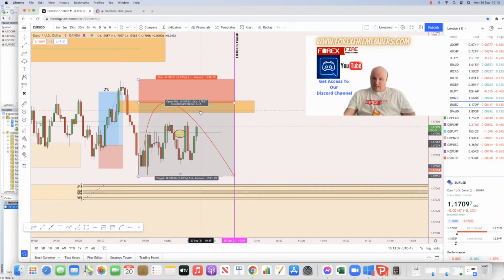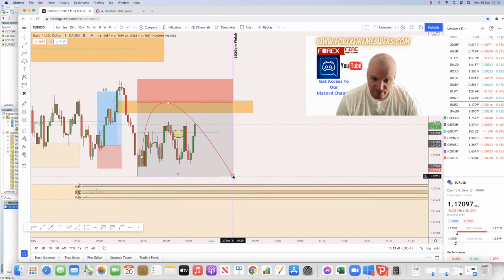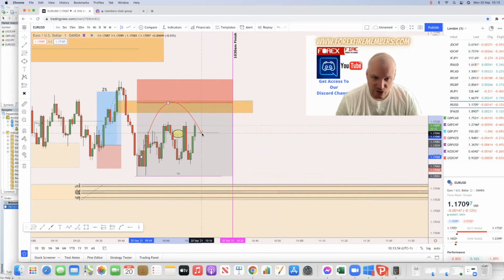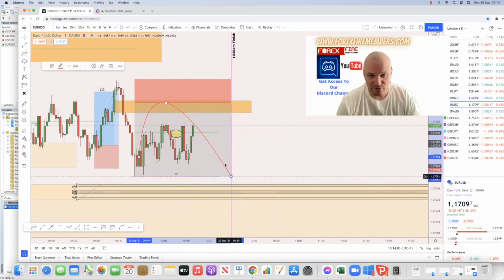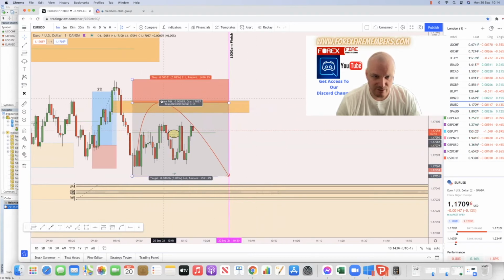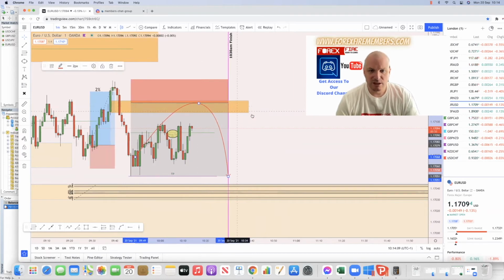So if we do eventually get the price come up and touch into this area, and it comes back down, as soon as it touches here, we're moving our stop loss to break even, on the anticipation that we can eventually get in on a trade where price is touching on here.